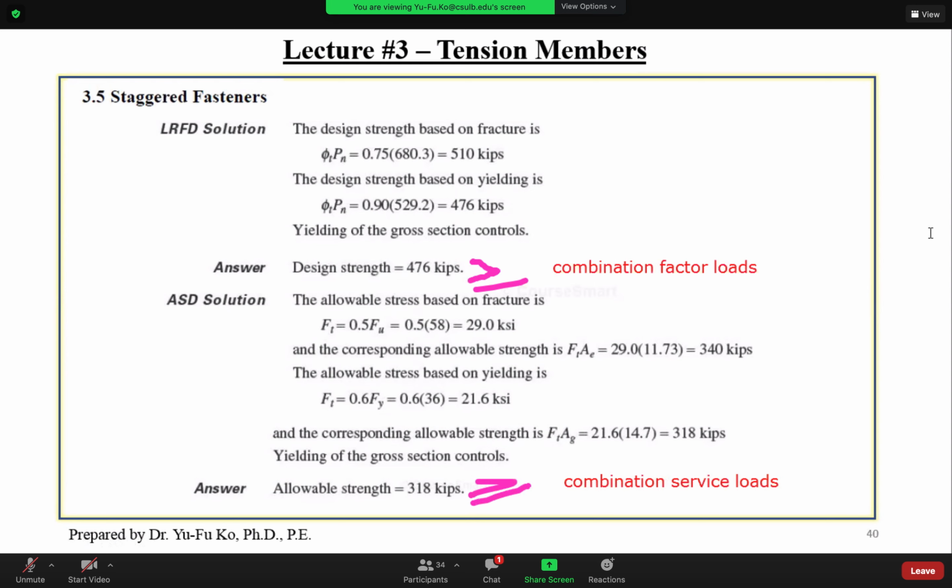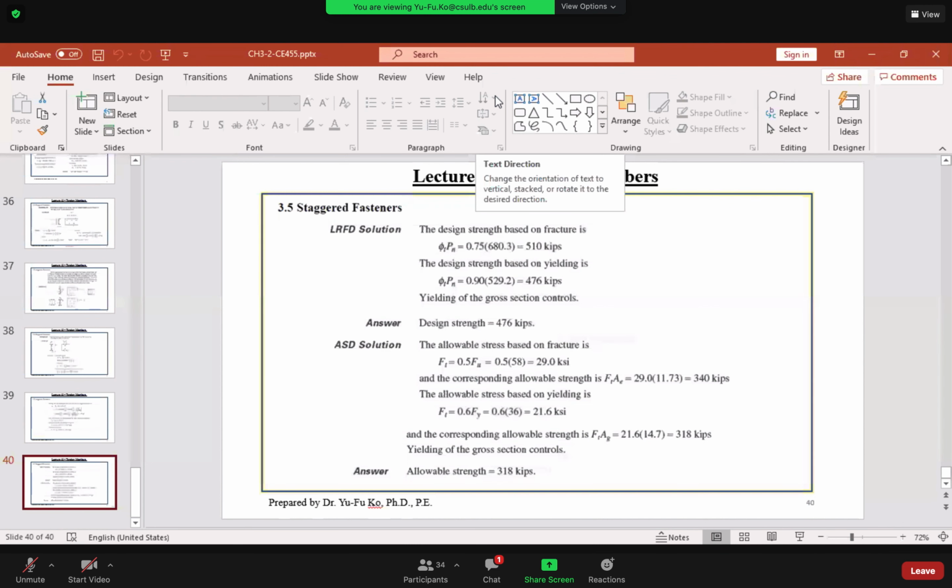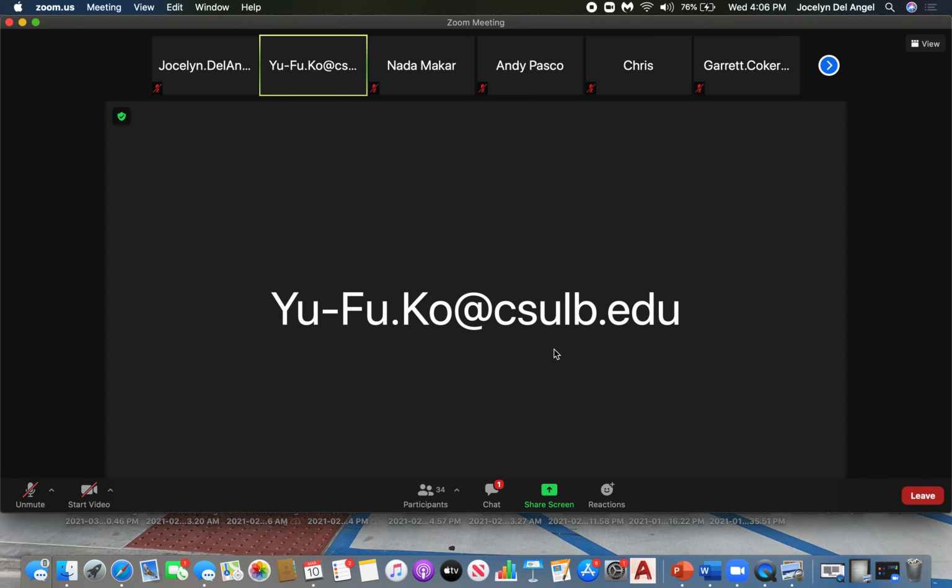Any other comments, discussions? So with that being said, we finish the staggered bolts sections.